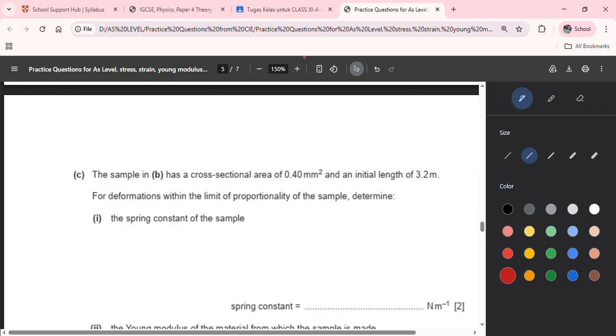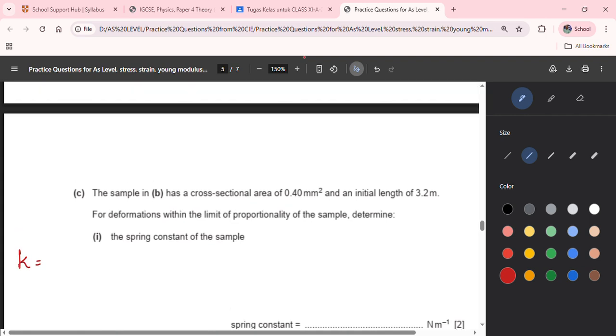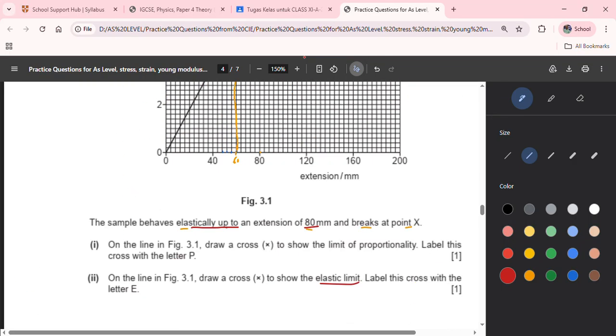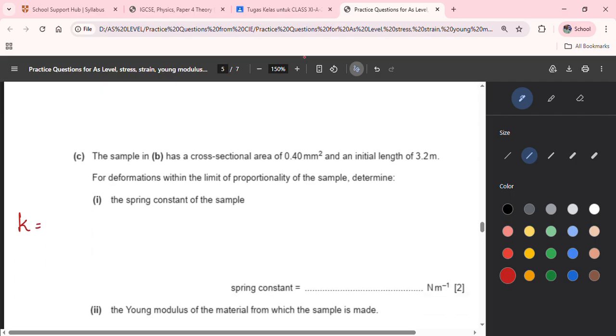For deformation within the limit of proportionality of the sample, determine the spring constant of the sample. The spring constant, from the graph of force and extension, K is equal to force divided by extension.